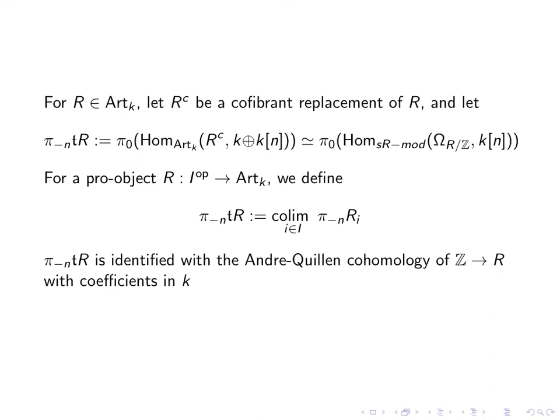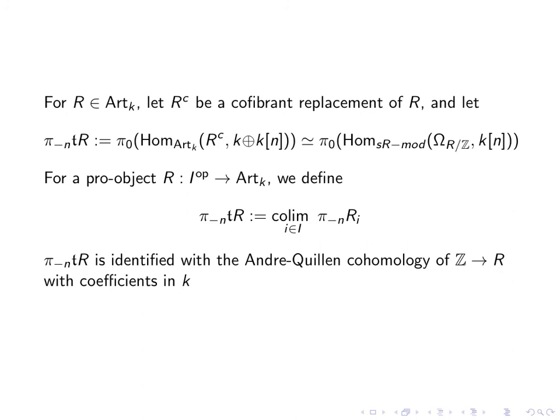Using the isomorphism on the previous slide, that's the same as pi 0 of a Hom in the category of simplicial R-modules. We can similarly define the homotopy groups of a pro-object as the colimit of the homotopy groups of the objects making up the pro-object.